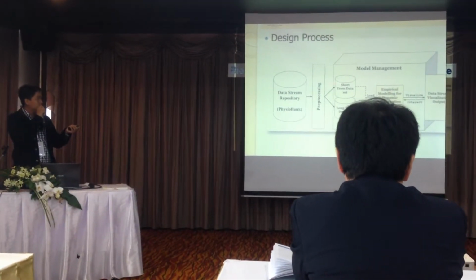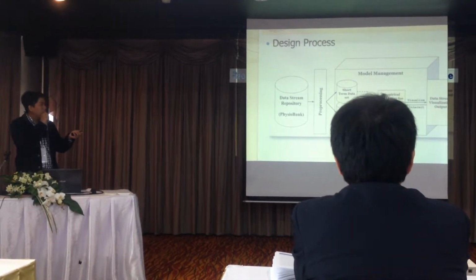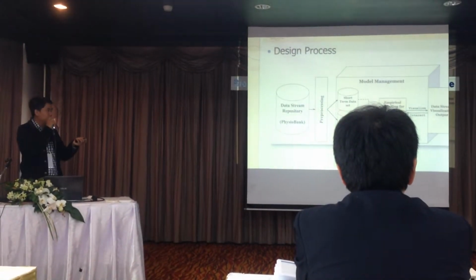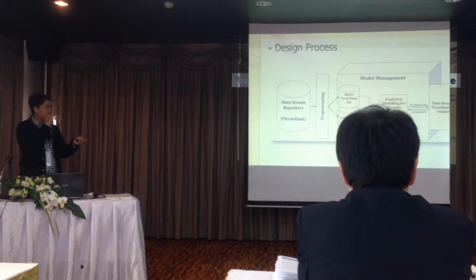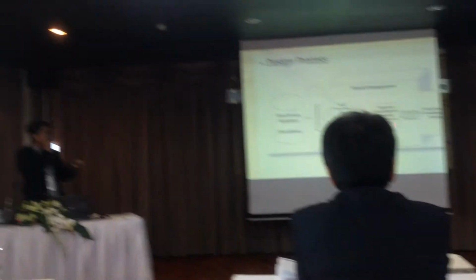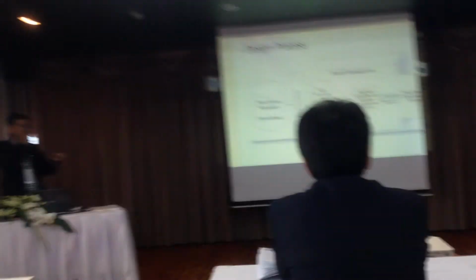I will detail this later. After that, the model management is ready to give a task to the EMDV. This is our main process here. When the user loads the data, the model EMDV visualizes the data output, and then the user can interact back with the model.